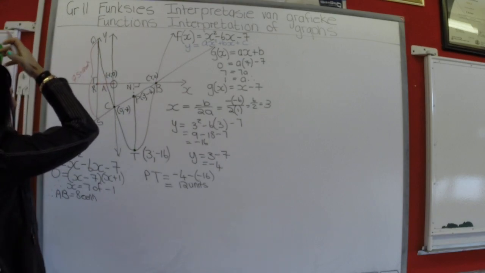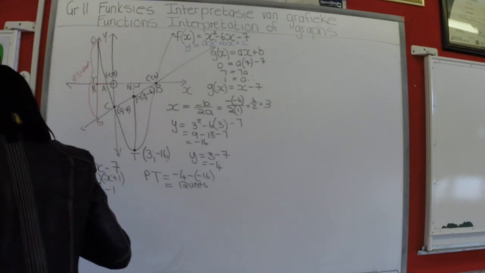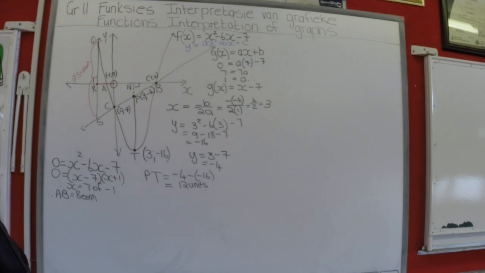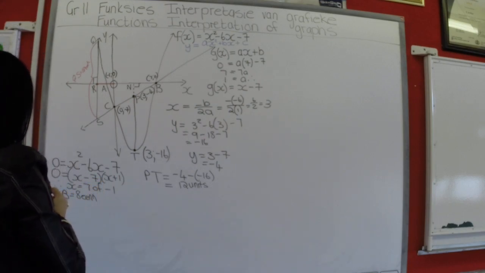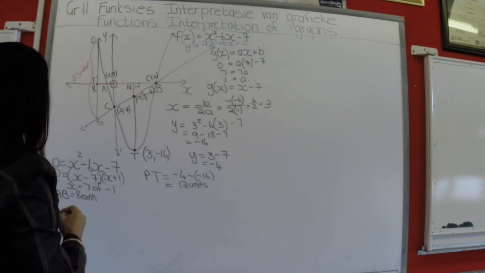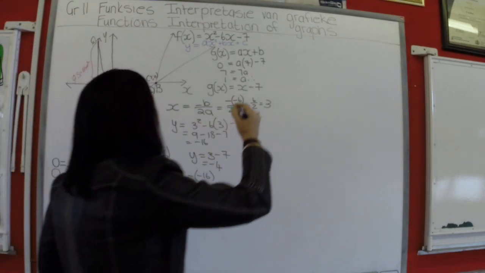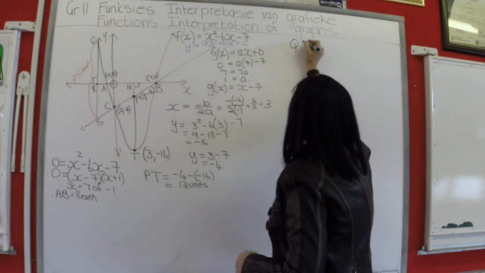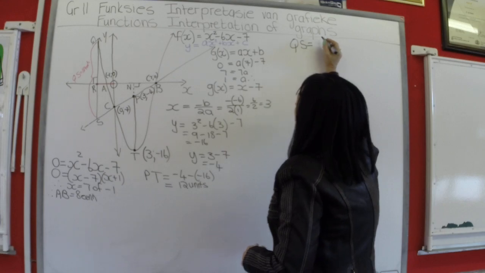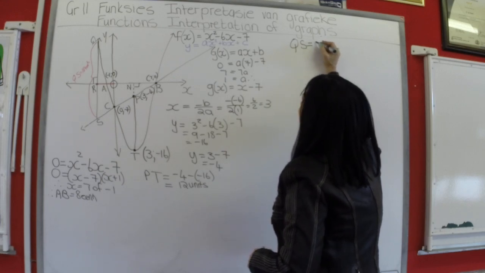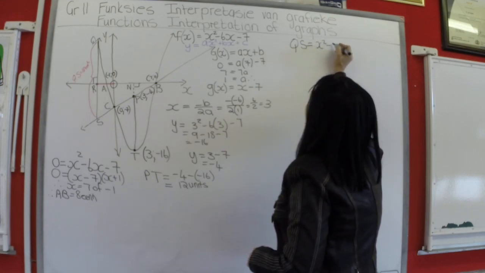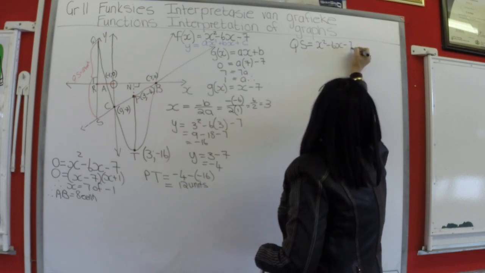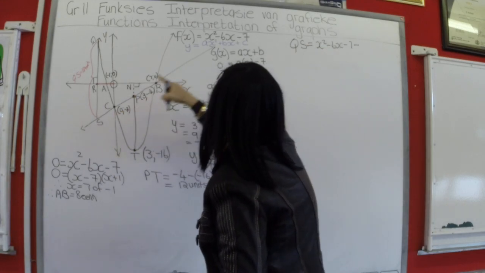So wat doen ek? Kan julle sien die parabool is bo en die reguit lyn is onder. Parabola is at the top and the straight line is at the bottom. So ek gaan nou die lengte van QS uitwerk. Let's determine the length of QS. Wat gaan ons doen? Ons gaan sê the parabola is at the top and I'm going to subtract the straight line.